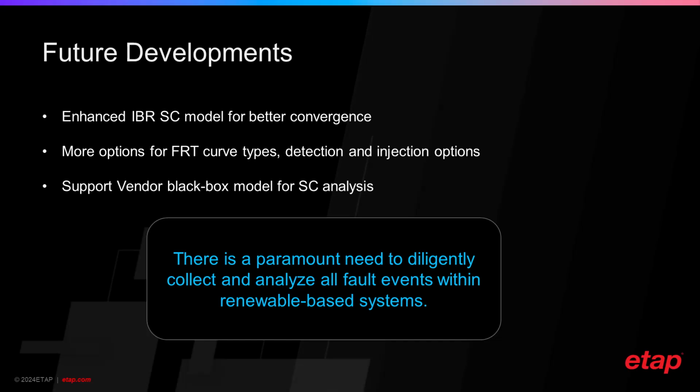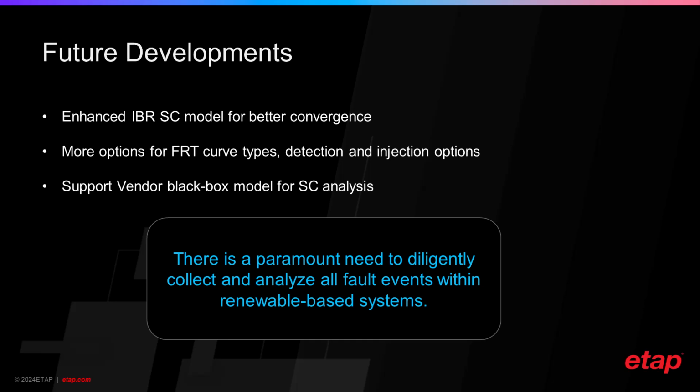I have sympathy with the users, that it's really difficult to go through the vendors' manuals, pick up those settings, and understand how to match that with ETAP. The industry has recognized this challenge, and recently there is an initiative in the power system industry to generate a black box model for inverter-based resources, where the vendors of the IBRs work with the software vendors to create a black box model for steady-state short circuit analysis.